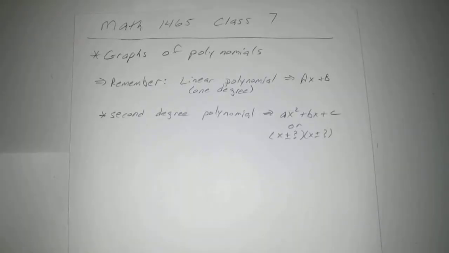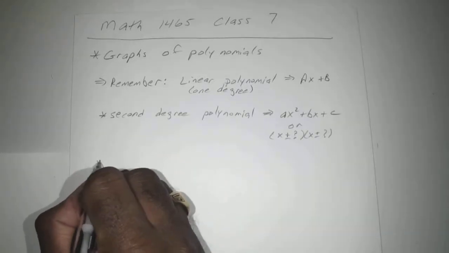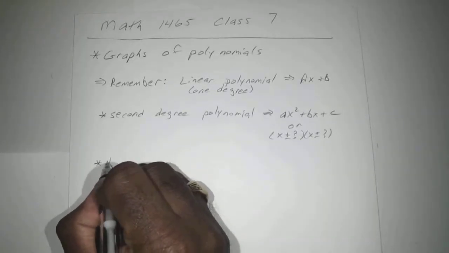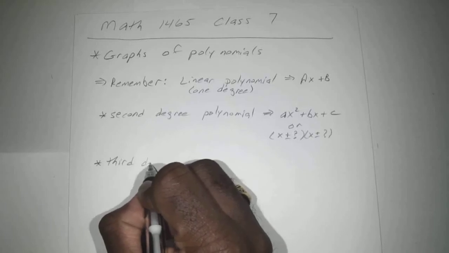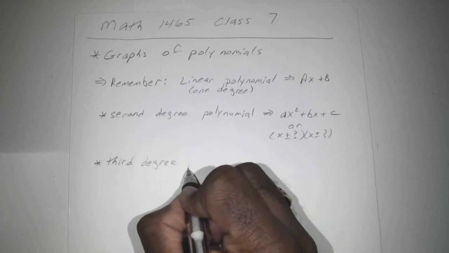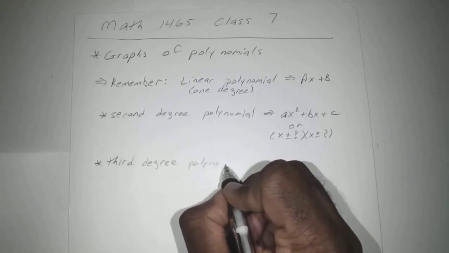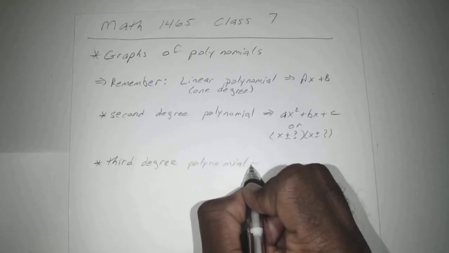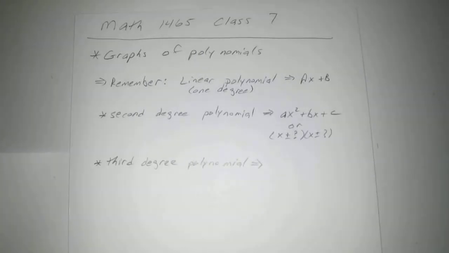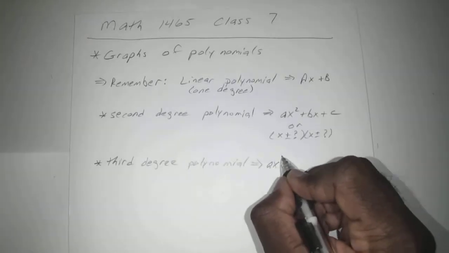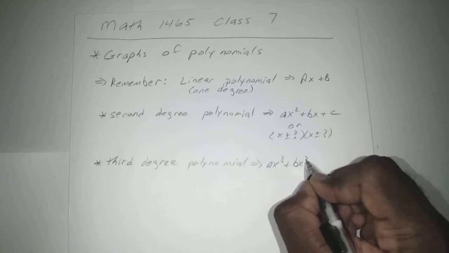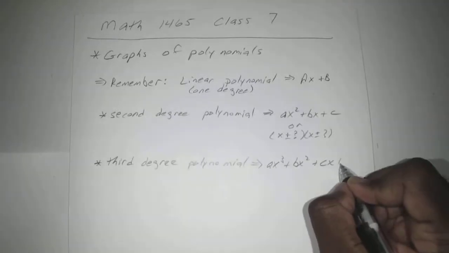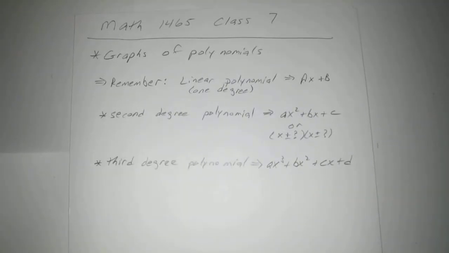Okay. Or you have your third degree polynomial, where your largest term degree is 3. So ax to the third plus bx squared plus cx plus d.